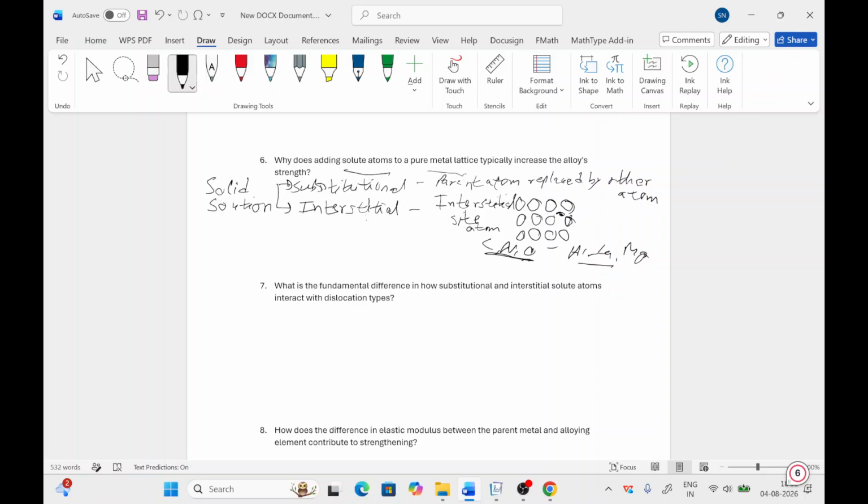Because the motion of the dislocation gets hindered by the formation of this solid solution, the strength will be high.